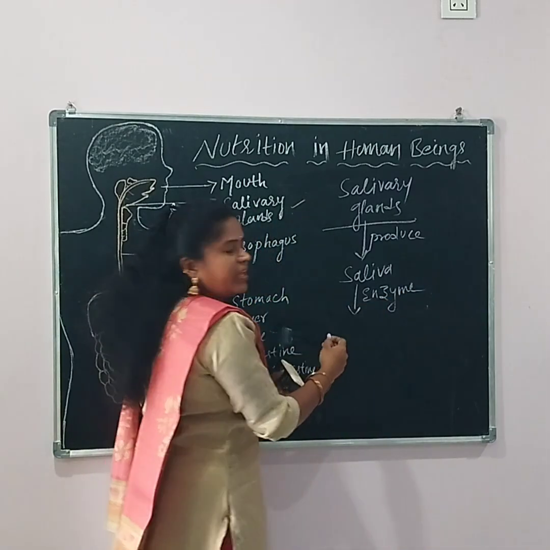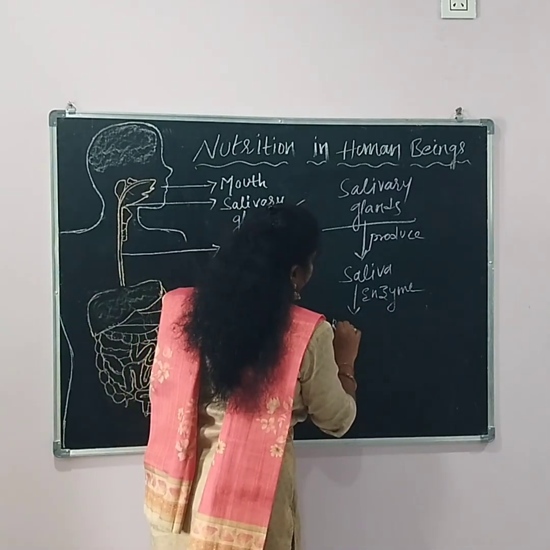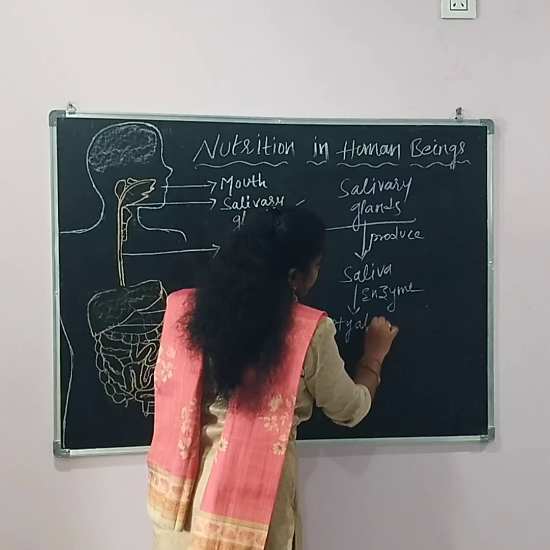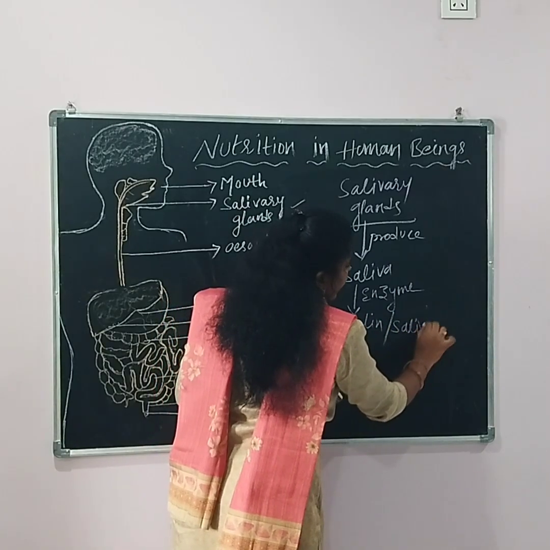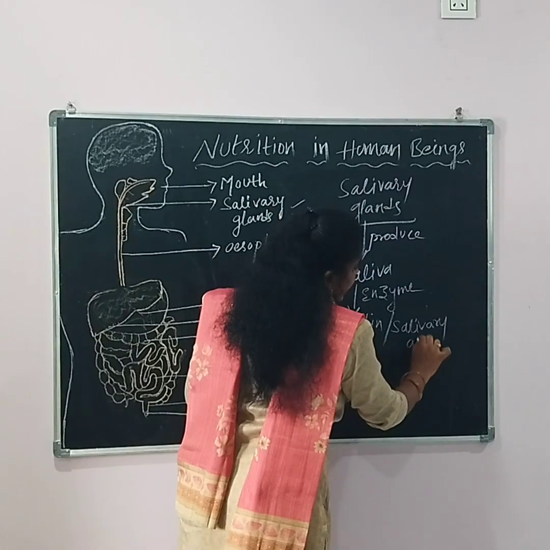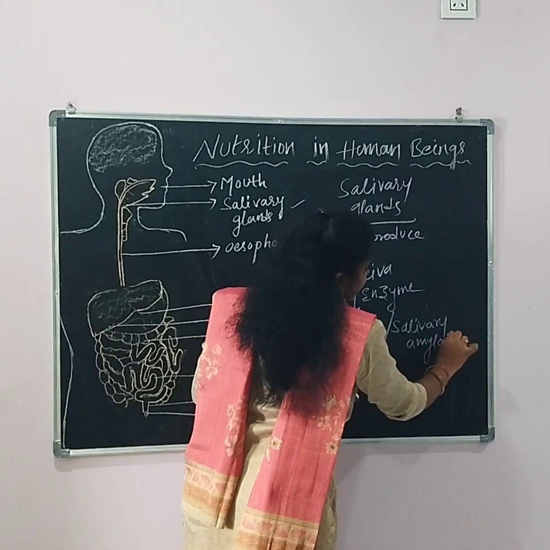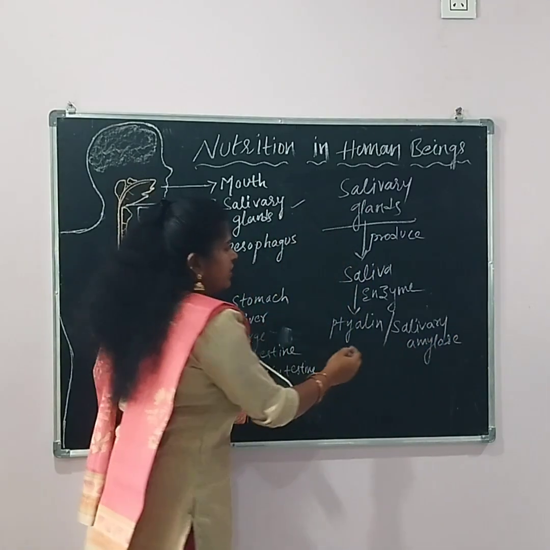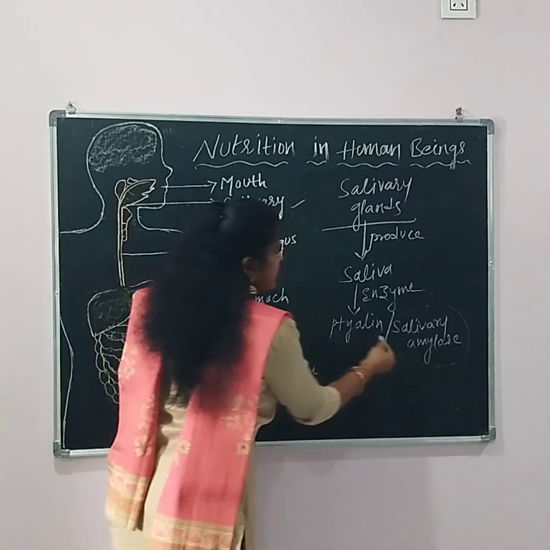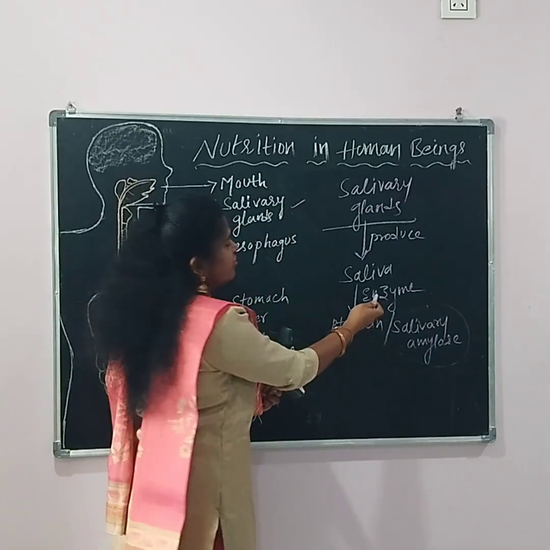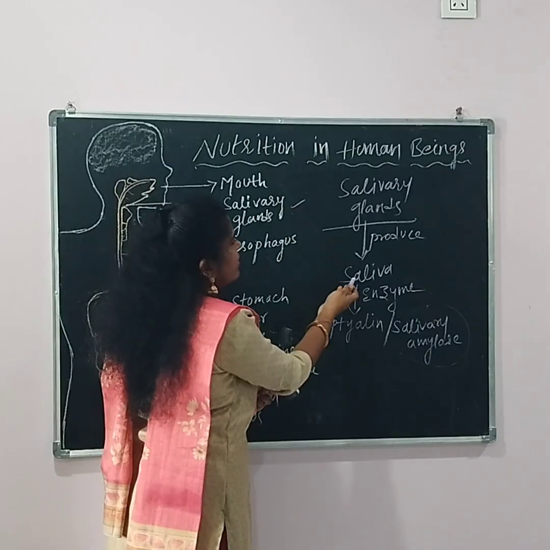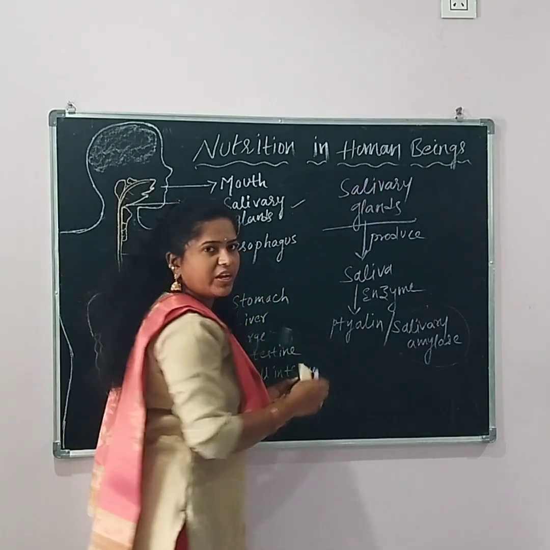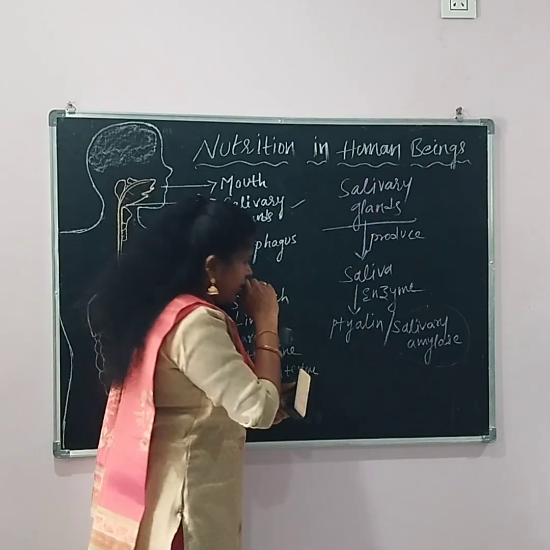This enzyme is nothing but ptyalin, the salivary amylase. This salivary amylase or ptyalin is an enzyme present in the saliva, and the saliva is secreted by the salivary glands.